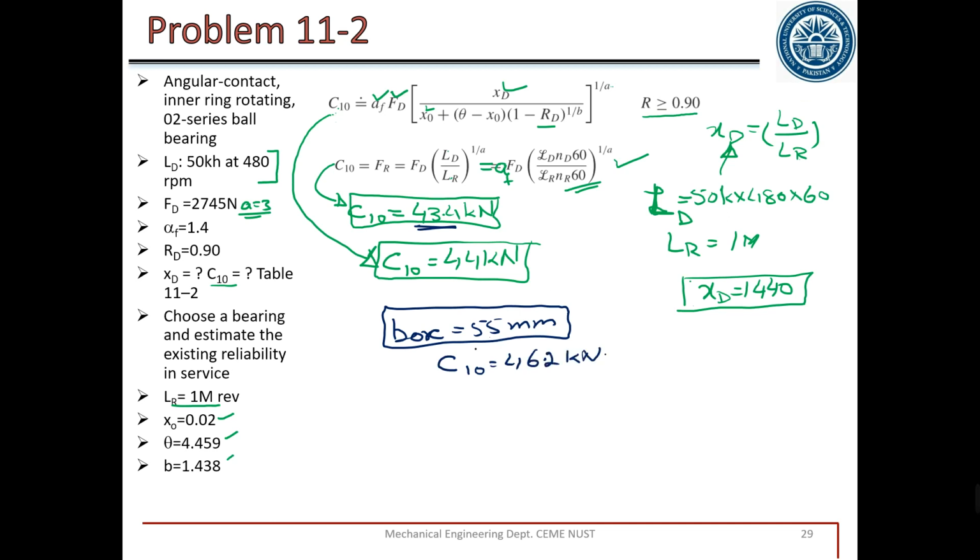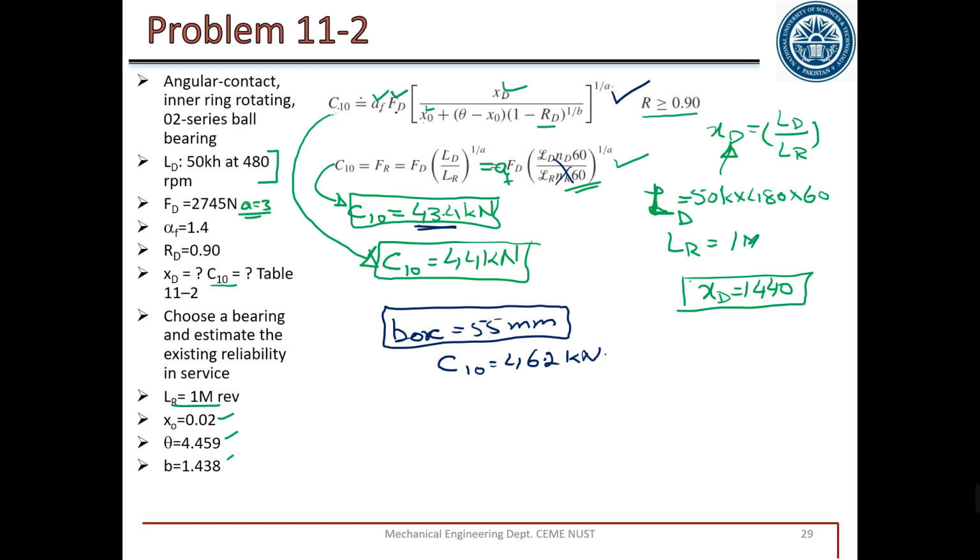And now we know that reliability is not 90%. So we will not be using this equation, but we will be using this equation, because we need to check the reliability. This equation is for fixed reliability. From this equation, we have the value of C10 equal to 46.2. AF is given. FD is also given. XD is the original value.